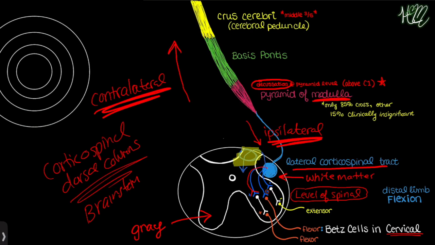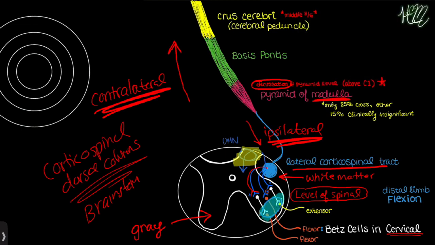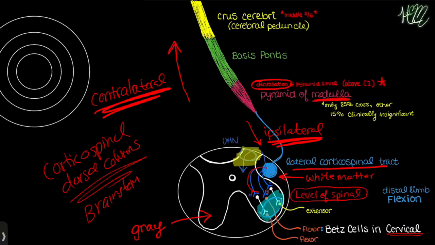So this is still considered upper motor neuron. It doesn't become a lower motor neuron until those fibers leave up here. Once those fibers leave, that's when they are considered to be lower motor neurons. So this is the dorsal horn back here, and this is the ventral horn up here.